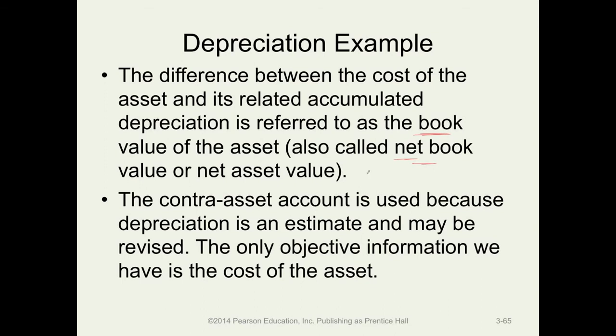So that's why when we look at net book value, I'll just abbreviate that, NBV, net book value is going to be the original cost minus its contra account, accumulated depreciation.